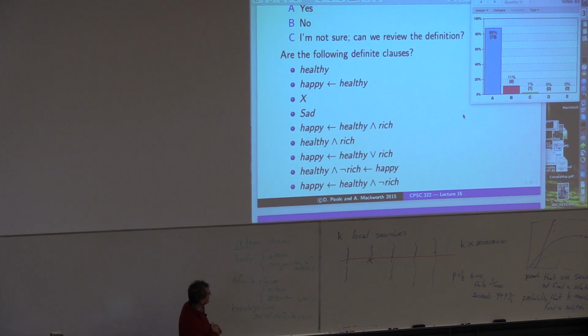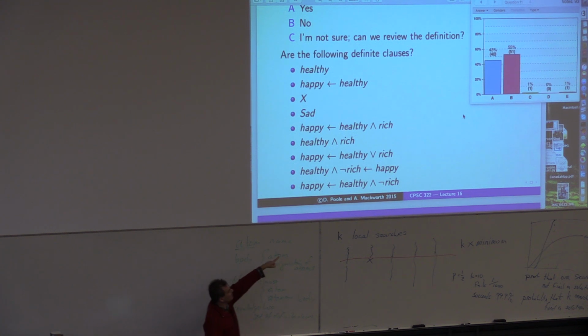Is that a conjunction of atoms? The atom's just a name. This is not. The answer is no.